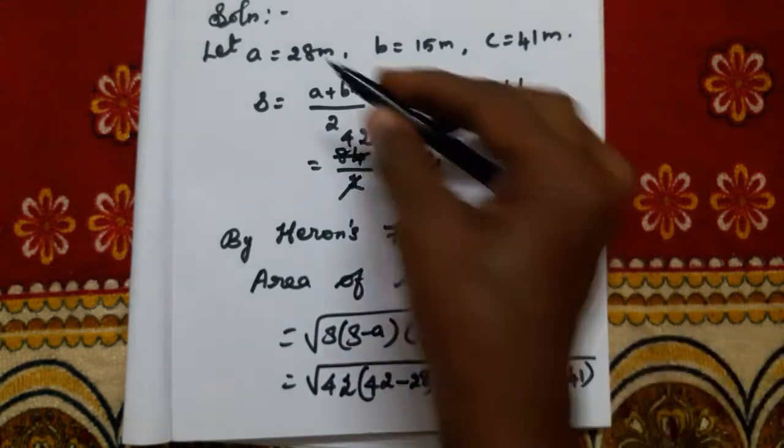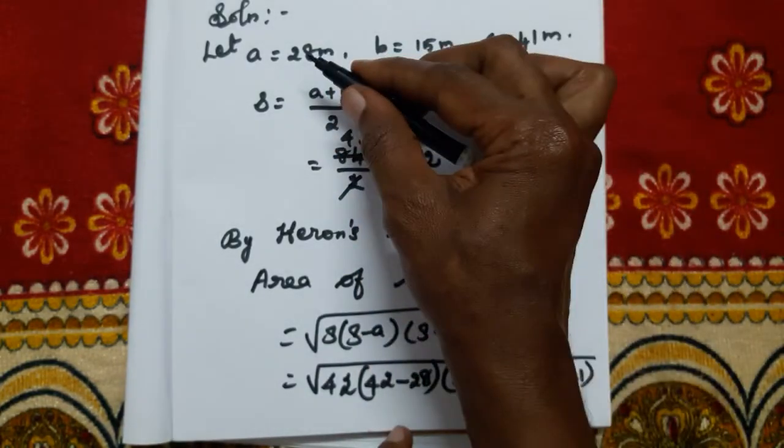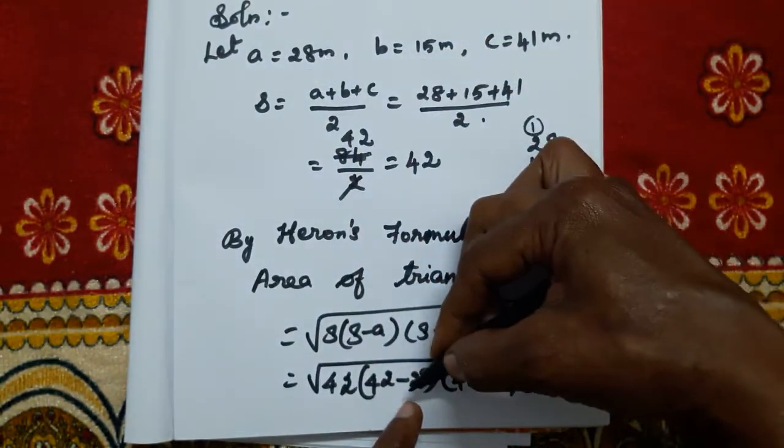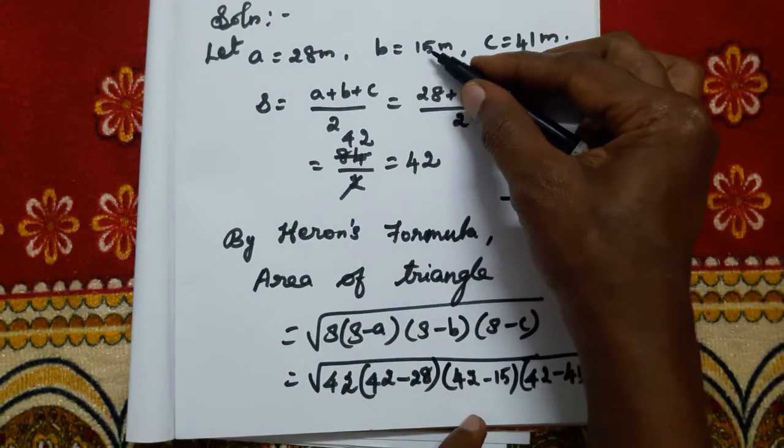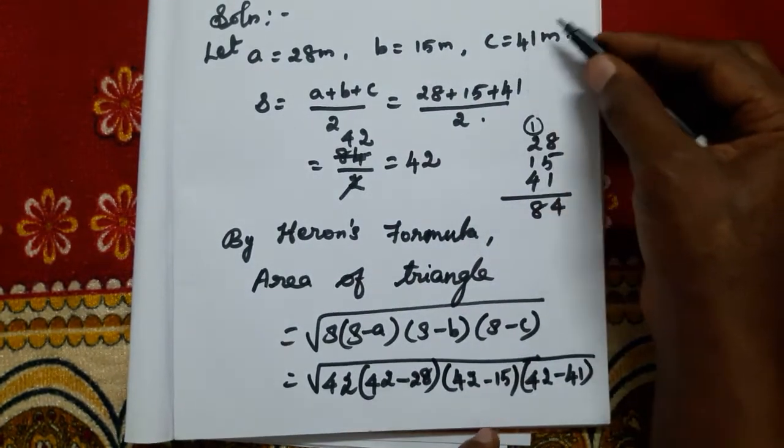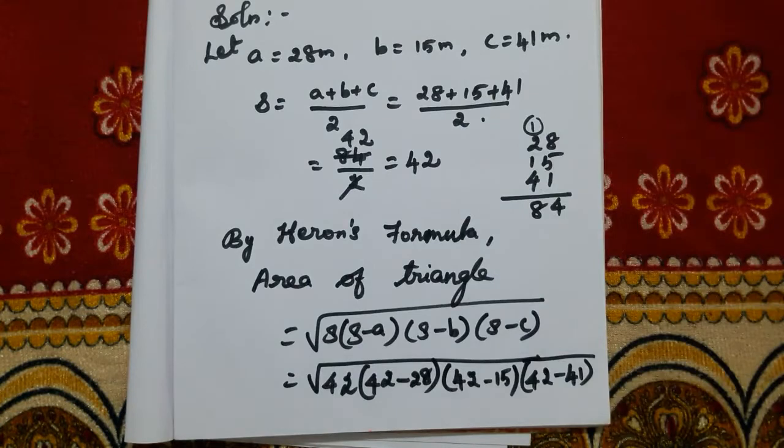Have you all understood? S is 42, S minus A is 42 minus 28, S minus B means 42 minus 15, S minus C is 42 minus 41.